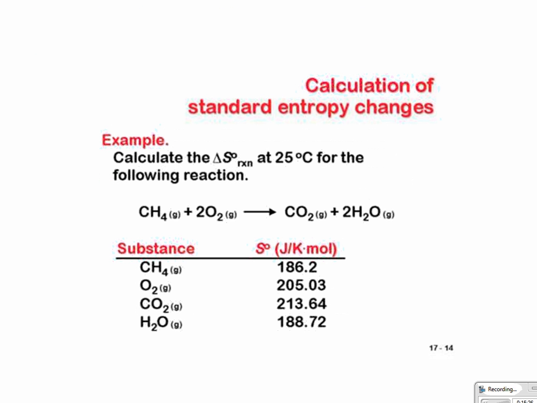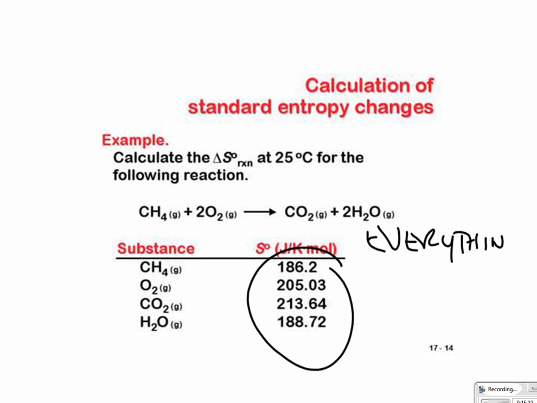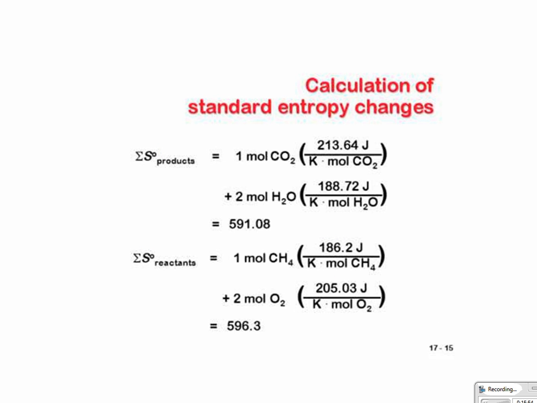So it's not like delta H where elements are 0. You notice here O2 is an element and O2 has an entropy value. So you plug those in, again using the coefficients. It's exactly the same thing that we did, and you calculate S. Here you see the calculation. You total it up, products minus reactants.